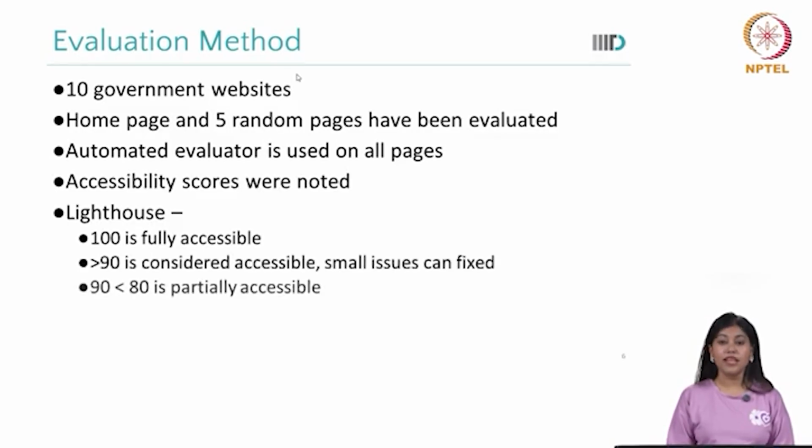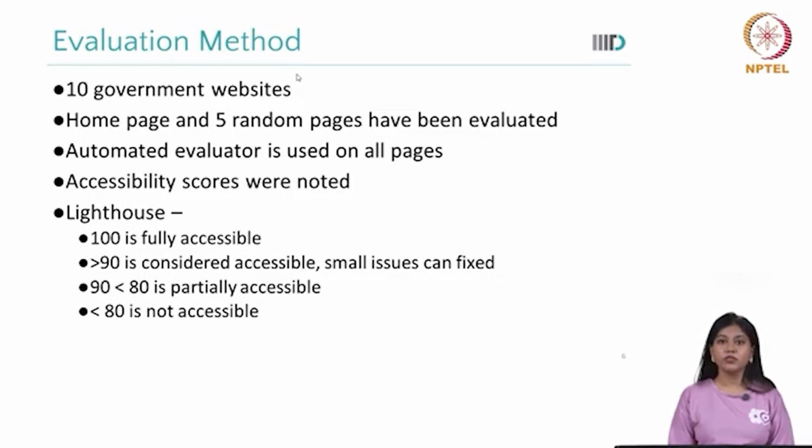Now, what does Lighthouse do? In Lighthouse's way of evaluation, 100 is fully accessible. Obviously, it's very hard to reach, but let's see. Up to 90, it's considered accessible, with small issues which can be fixed. From 80 to 90, it's partially accessible, and below 80, it is not at all accessible.